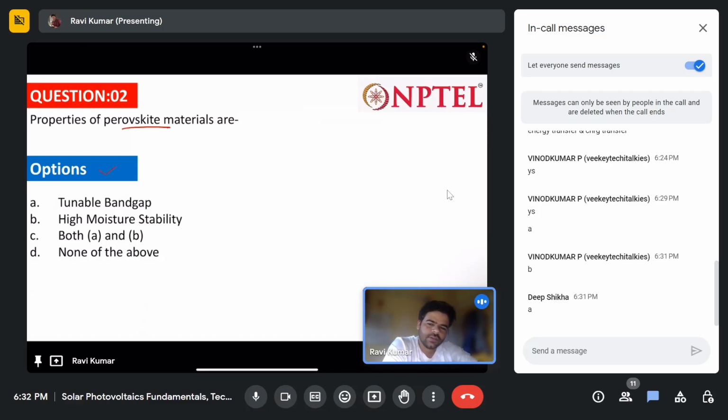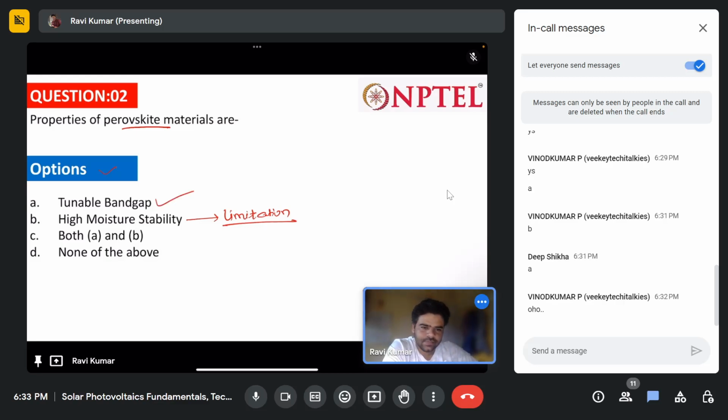Then why do we need peroxide material? We are not moving for high moisture stability. Even this is a limitation of peroxide material. They are not stable. Yes, Deepsika, it is right. Tunable band gap.